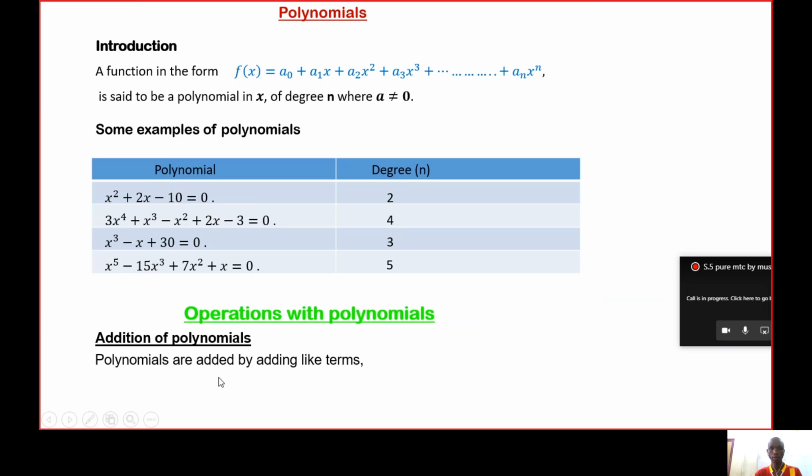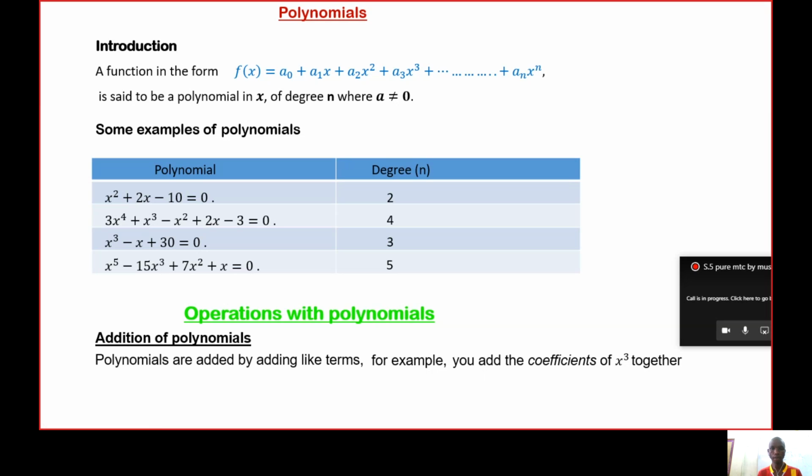Take note of this very well because some of you may be making mistakes. We can add polynomials, but we can only do it by adding the like terms. For example, let us look at an example. You add the coefficients of x^3 together.